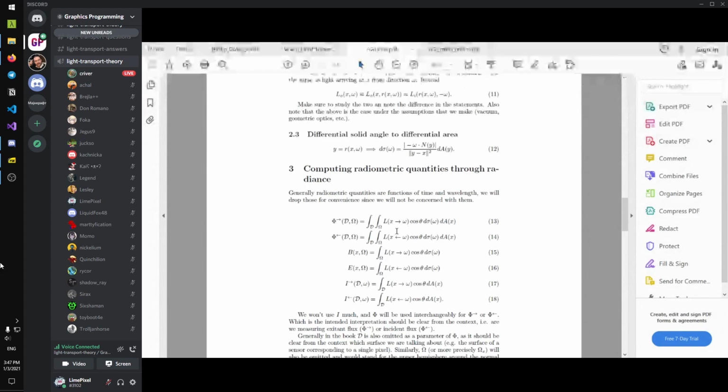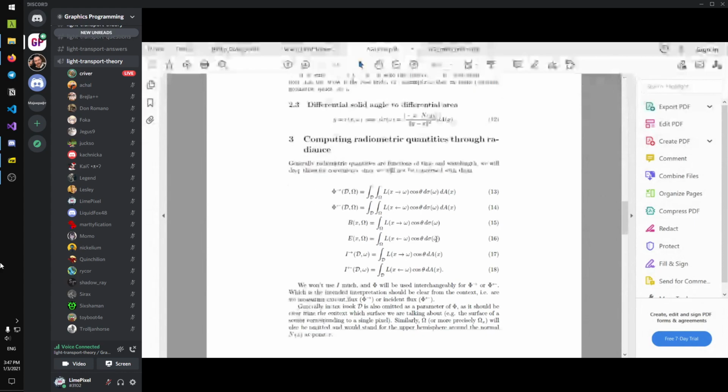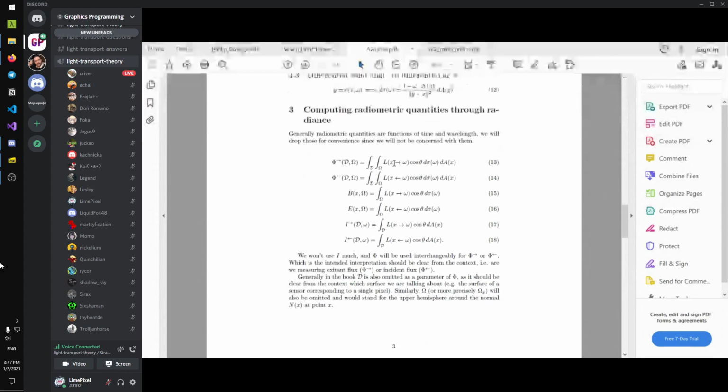absolute value because we will assume, like the book assumes, that omega is always the upper hemisphere, at least in the current chapter. So you integrate both with respect to the points x on the surface D and the directions on, here it would be, the upper hemisphere, and you get your flux.